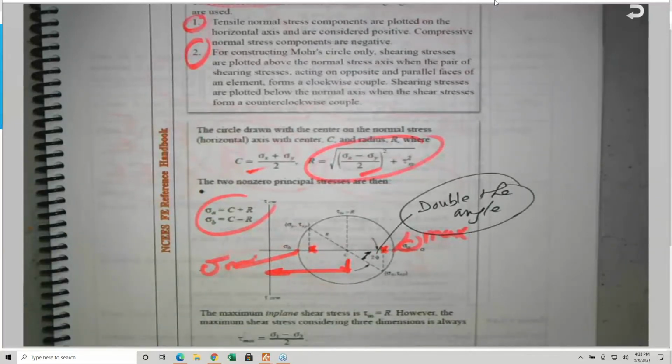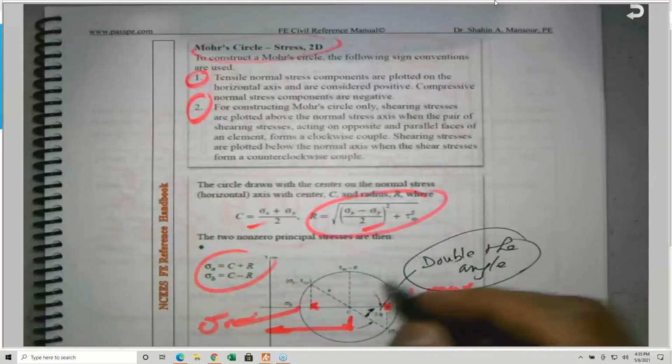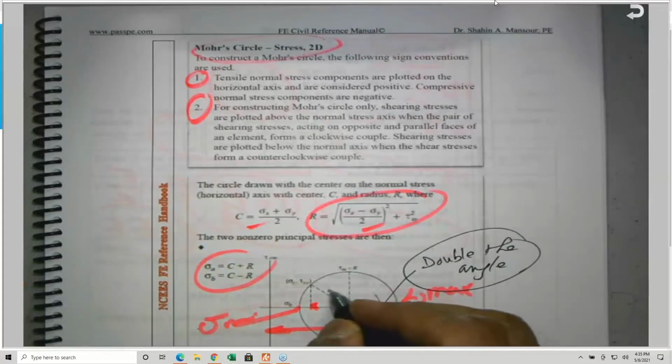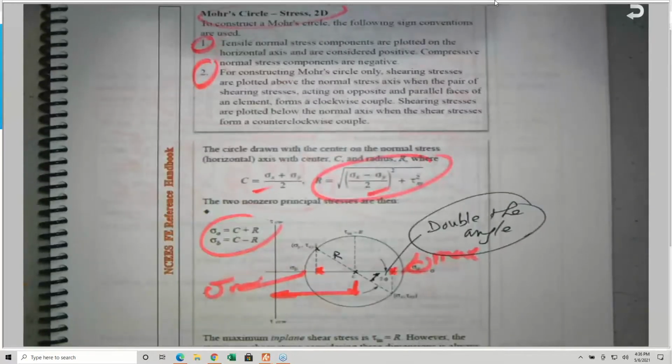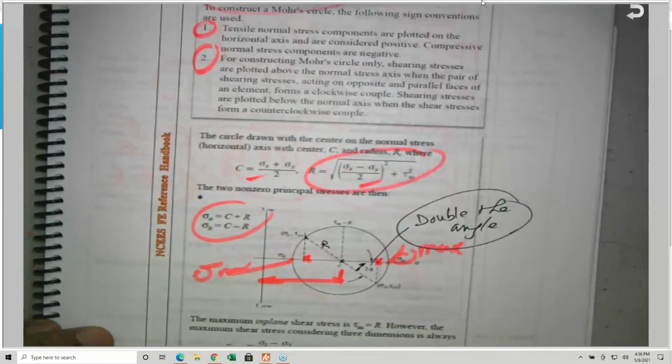So I need you to be aware of that. All these equations we talked about. This r here is the radius from the center to the point on the circumference. I don't expect that you are going to draw Mohr's circle, but they might give you a Mohr's circle on the exam and ask you what is this and what is this.